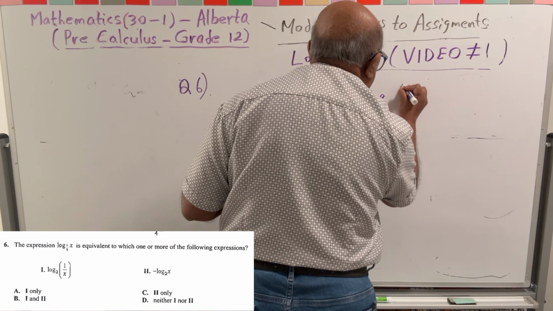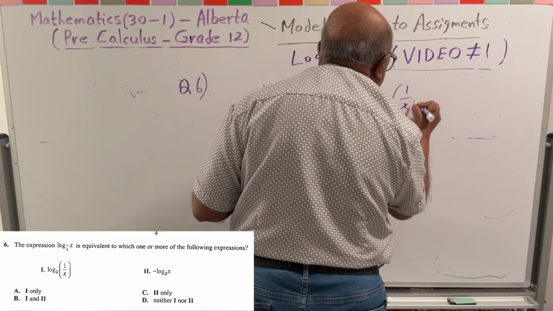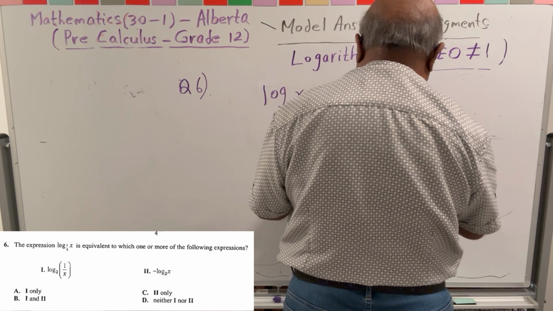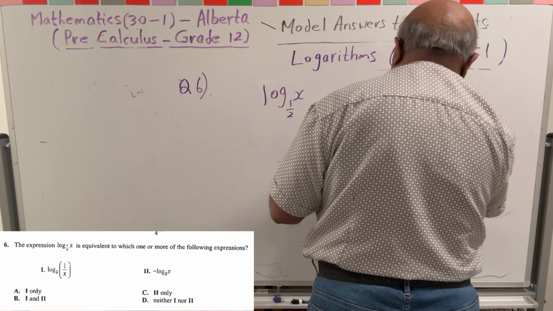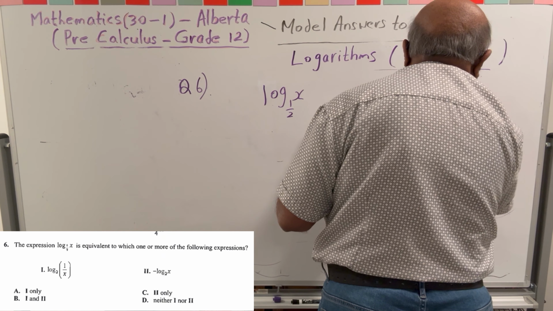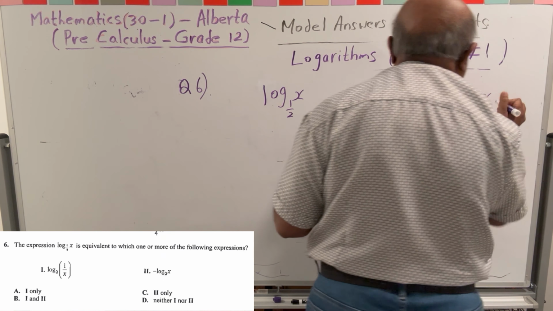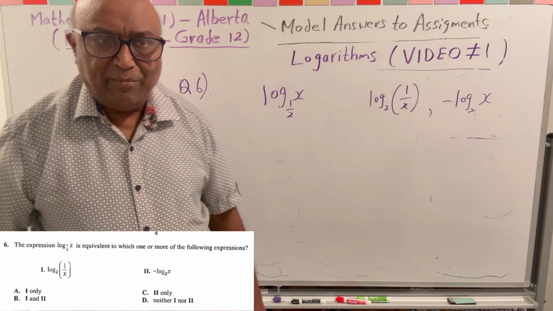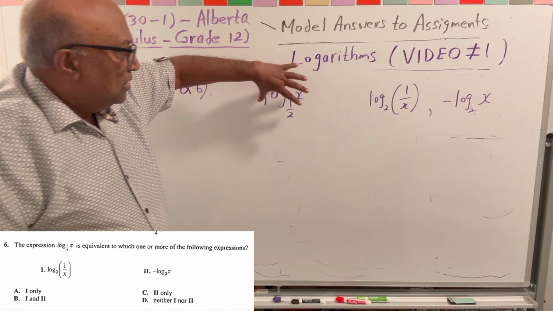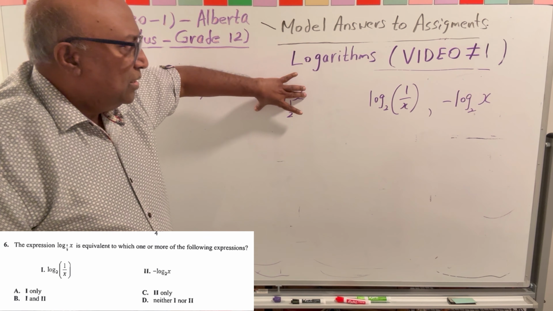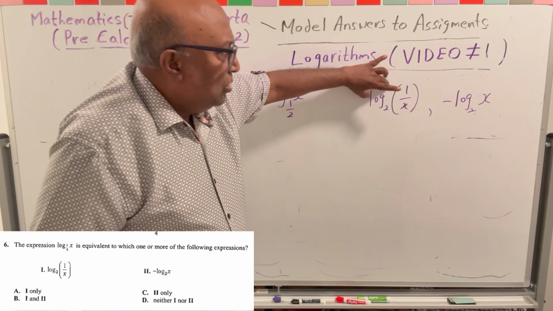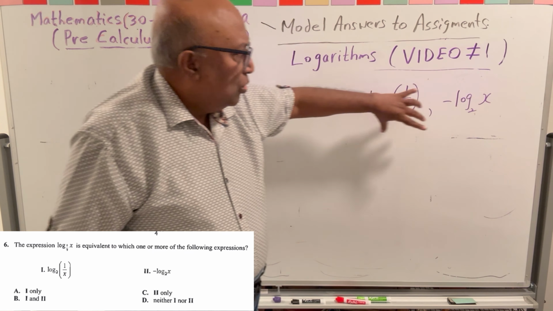Log base 2 of 1 upon x. The other one is minus log 2 x. Now we have to examine whether this function is equivalent to either this one or both.